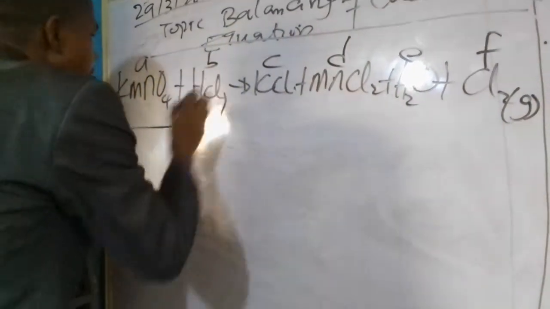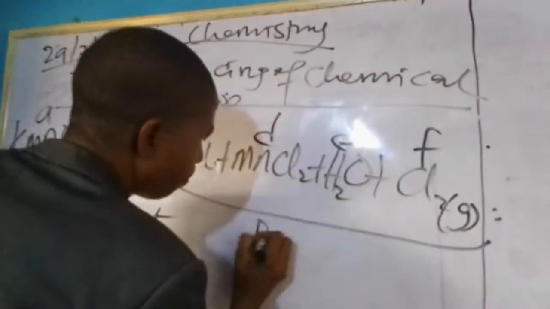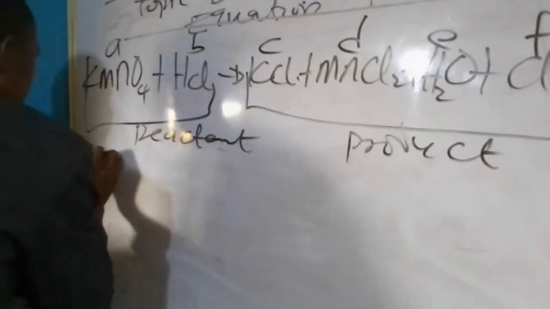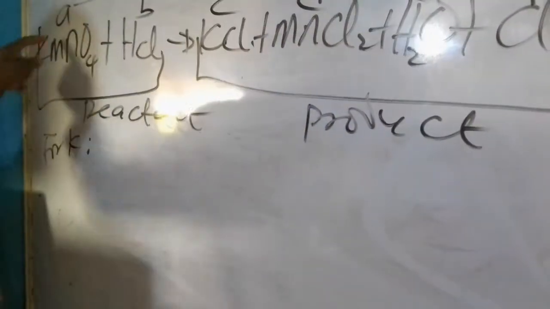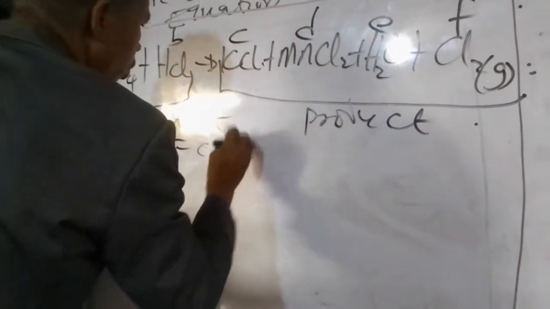The next thing you have to do, remember I told you this is called reactant, while from potassium chloride to chlorine gas is called the product. Then for potassium in the equation, we have A equals C, call this equation 1.